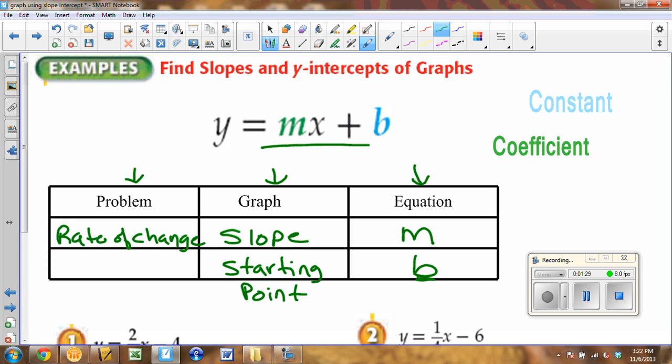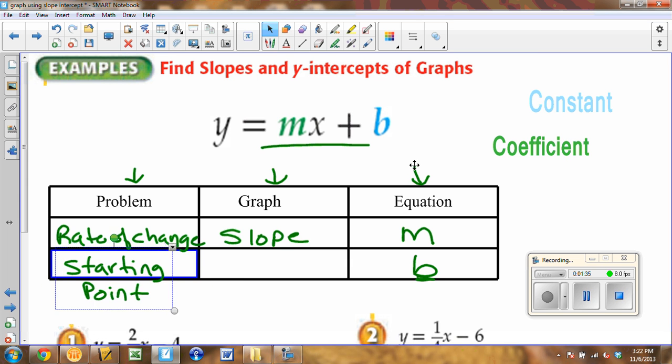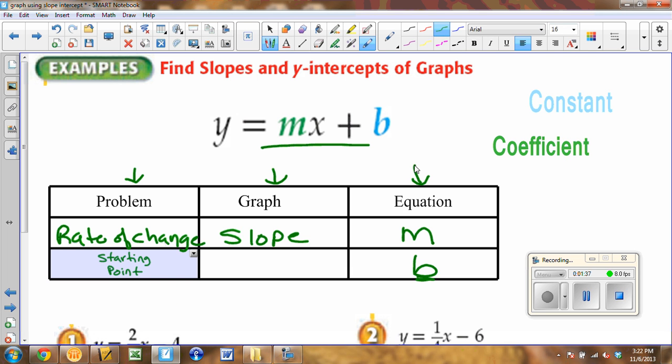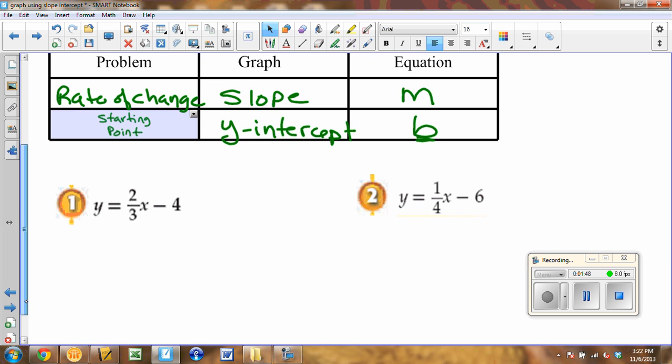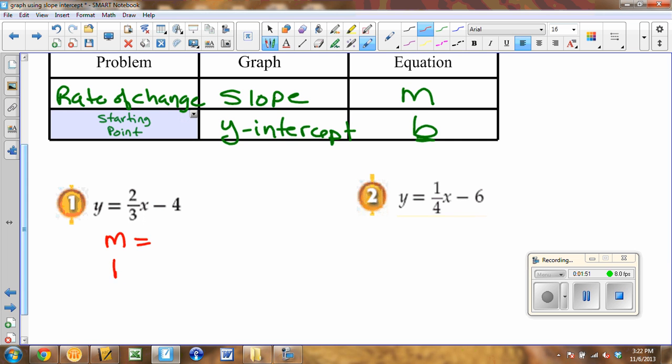And then in the, oh no, I got that backwards. Sorry. In the word problem, it's the starting point. On the graph, it's the y-intercept. The y-intercept.